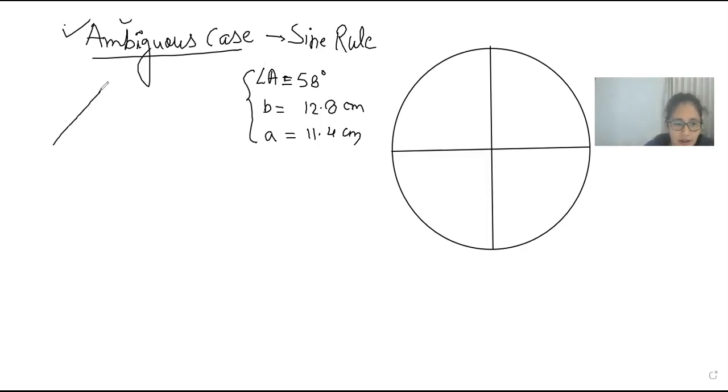So first draw a triangle where angle A is 58 degrees, that is an acute angle, and side B is 12.8.